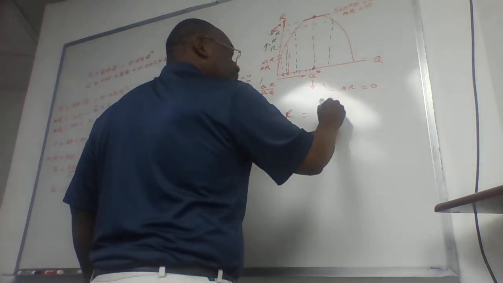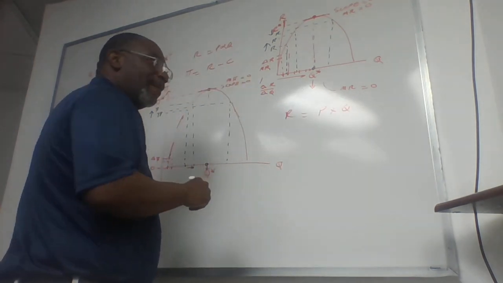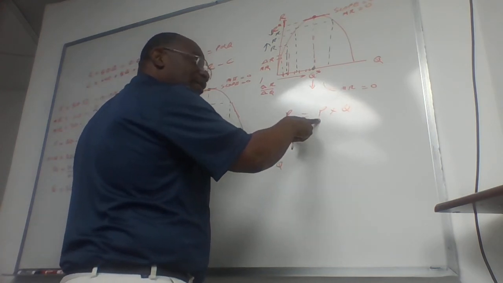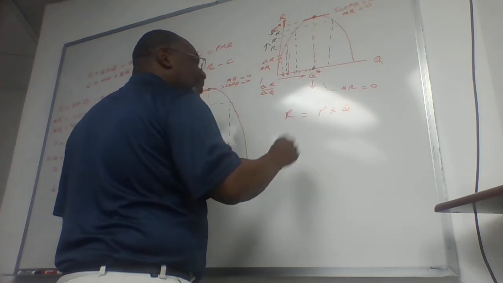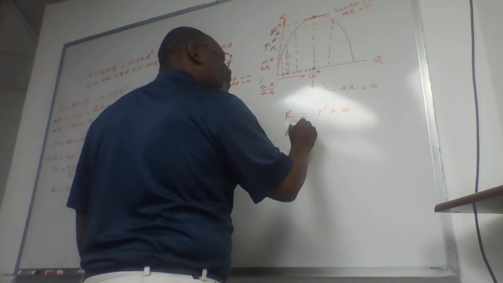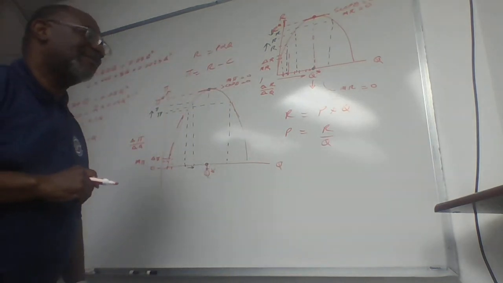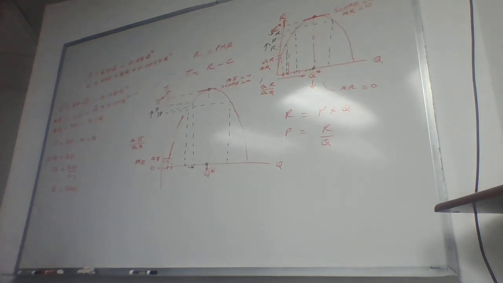Revenue is price times quantity, so if we have revenue and we want P, wouldn't this be P equals R divided by Q? All right, trust me on this. So therefore our P would be 50 minus 0.05 Q.